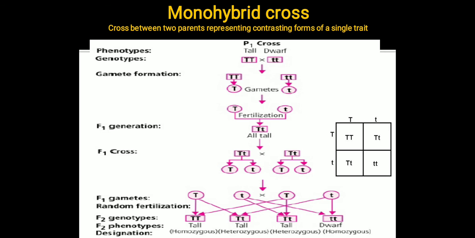So 1 is to 2 is to 1. Do you understand that? The dominant character should always be written in capital letters, and the recessive character in small letters. So the phenotypic ratio of the monohybrid cross is 3:1, and the genotypic ratio is 1:2:1.